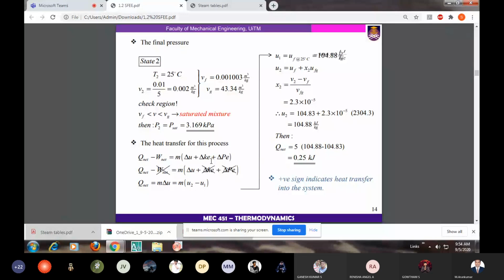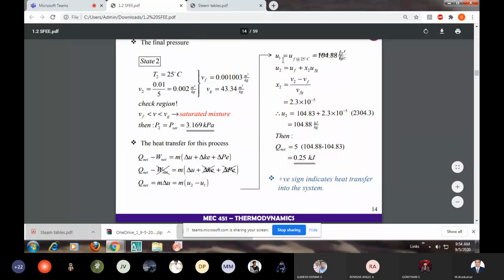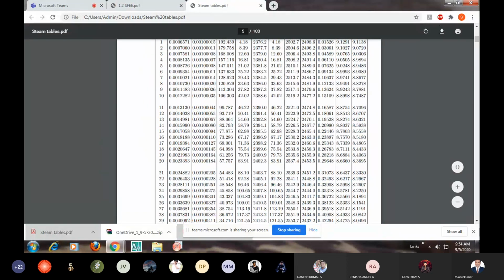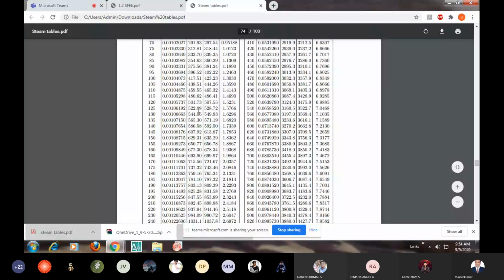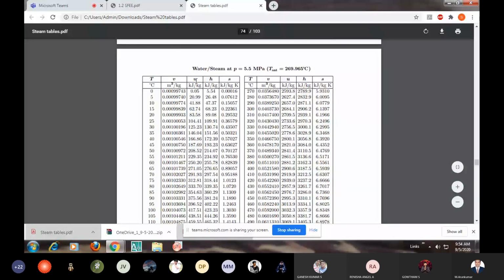So we have to find the U2 and U1 values. To find that we can use these values. So U1 will be U of at 25 degrees Celsius because saturation. So we can directly take the saturation values from the tables. In these tables there were U, H and S available.